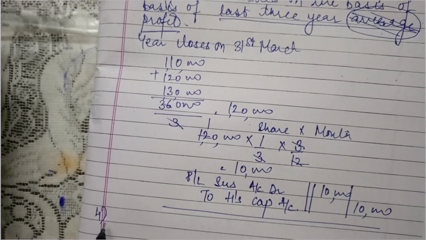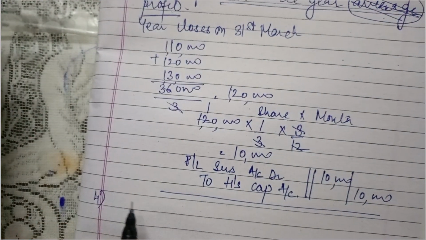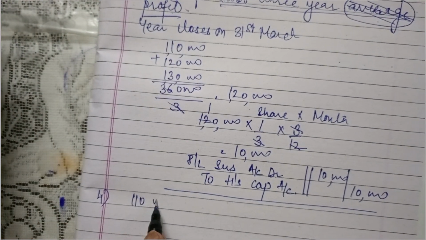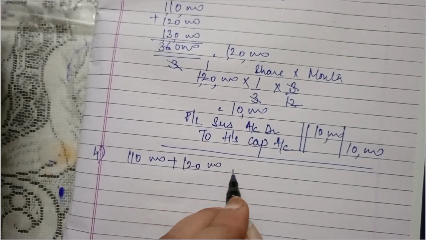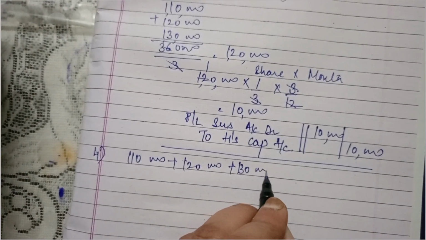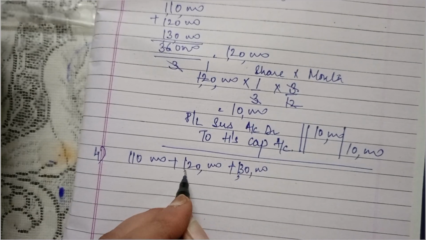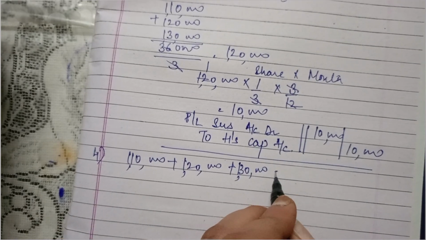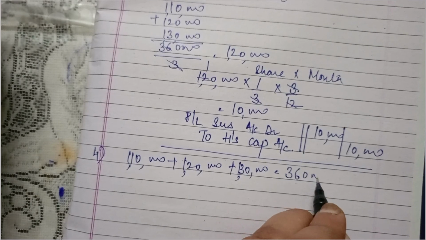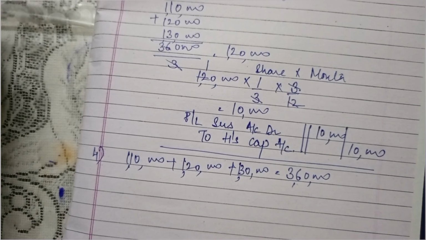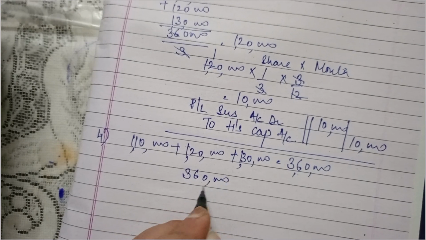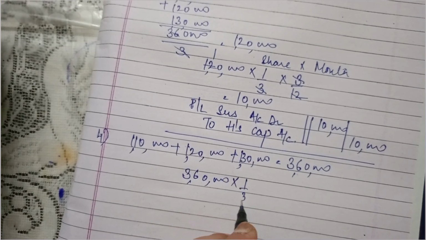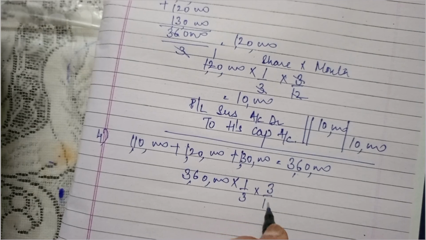This is your 4th point. With the same question, the 3 years are 1,10,000, 1,20,000 and 1,30,000. Now you do not take the average here. Only calculate the total of the 3 years. Now the calculation will be the same: 3,60,000 multiplied by 1/3 multiplied by 3/12.